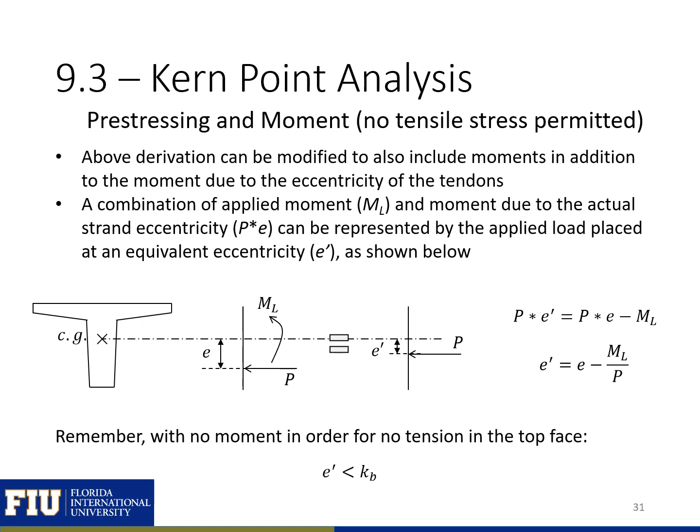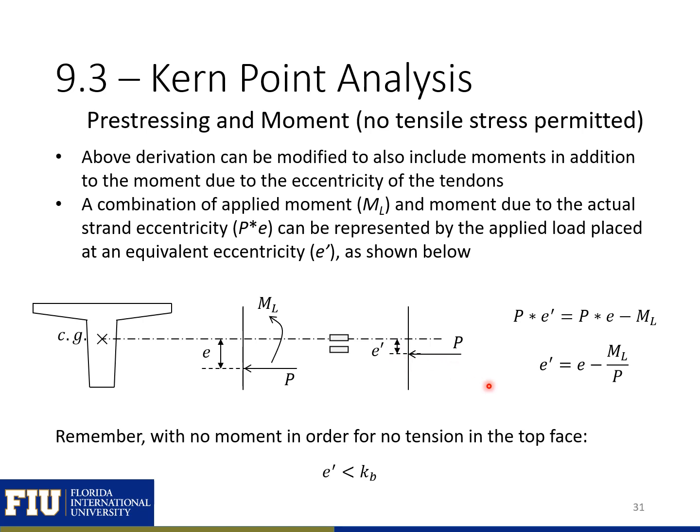We can modify the above expression to include both pre-stressing and externally applied moments. So here again, we'll have our applied moment and our pre-stressing applied at some eccentricity. So this would be equal to an axial load P applied at a different eccentricity.